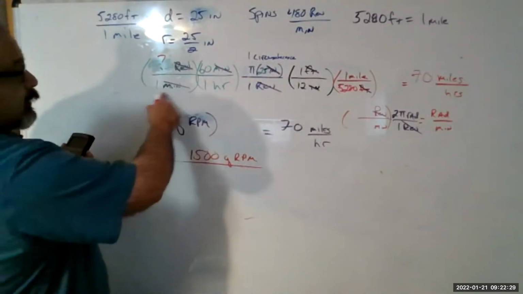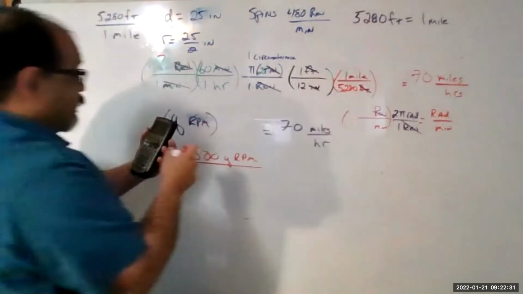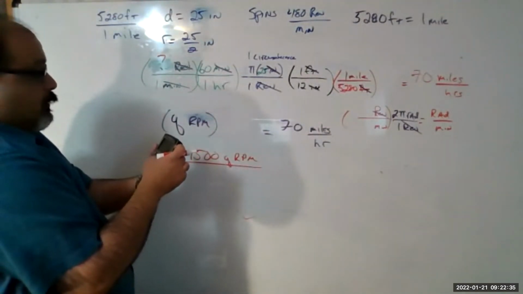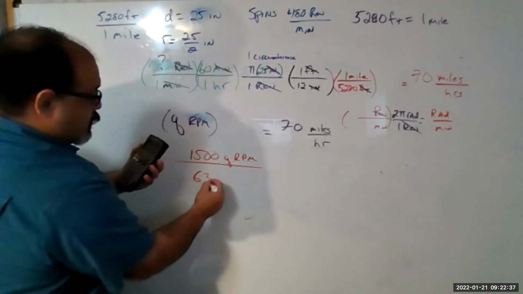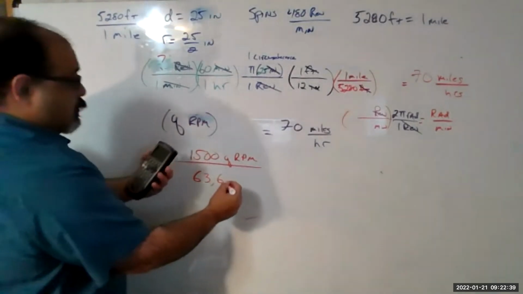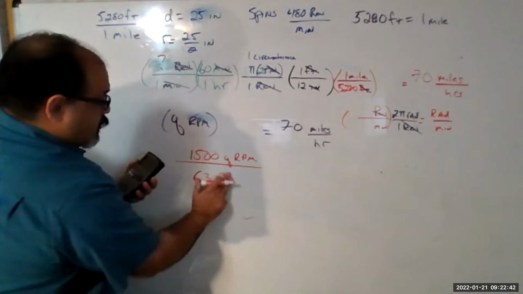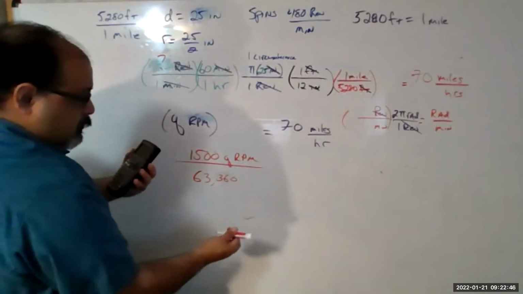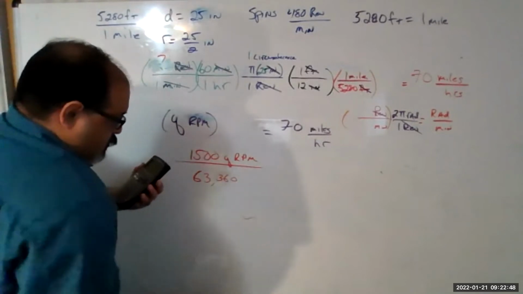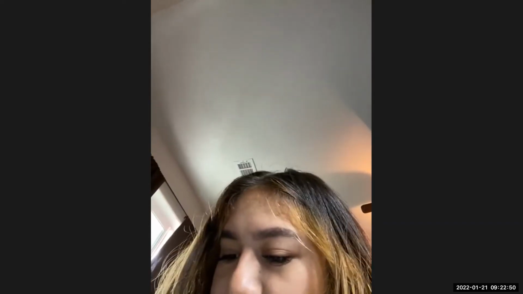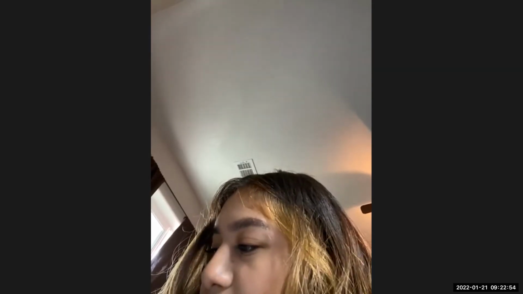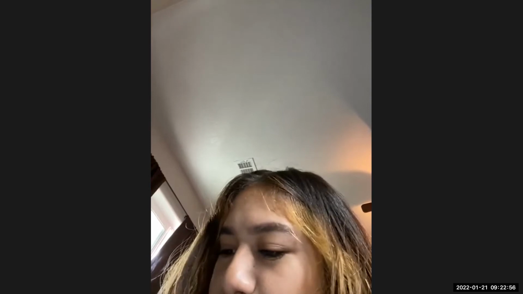And in the denominator, you still have 12 and 5,280, and you still have 360. So for the top portion, we excluded the revolutions, did 60 times 25 times pi, correct?